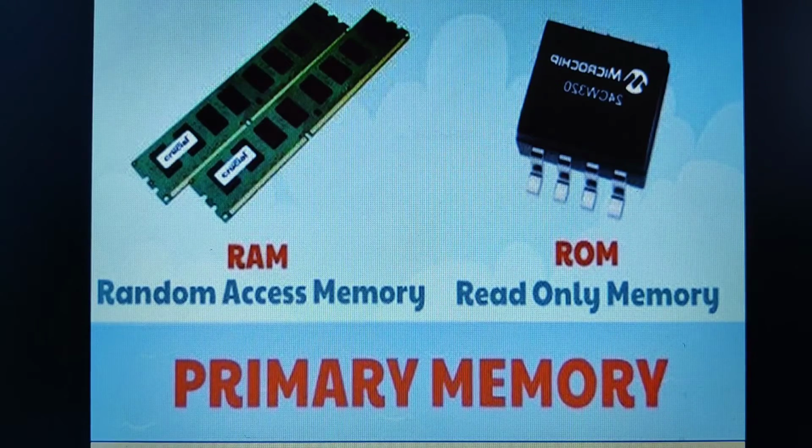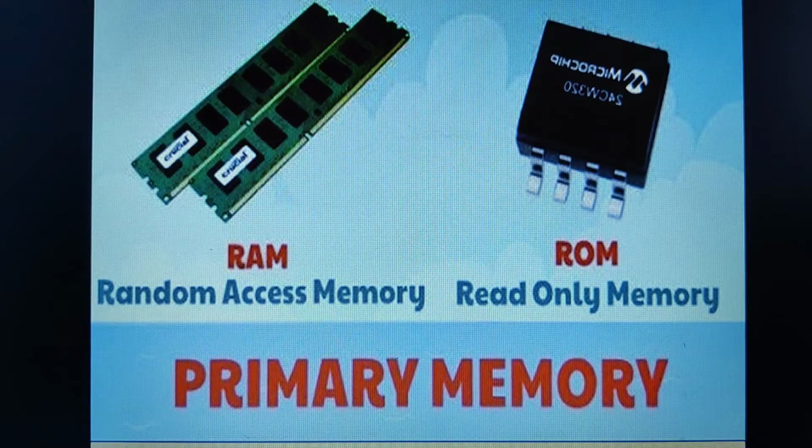Whereas if the memory is stored in terms of chips, that is ICs, integrated circuits, the primary memory usually stores its data in chips. Here you can see these are all the chips. Such memory we usually refer to as physical memory, which is capable of holding the data as well as the instructions.